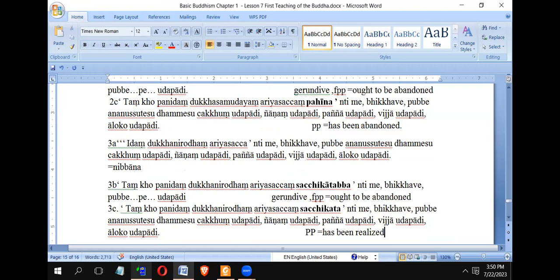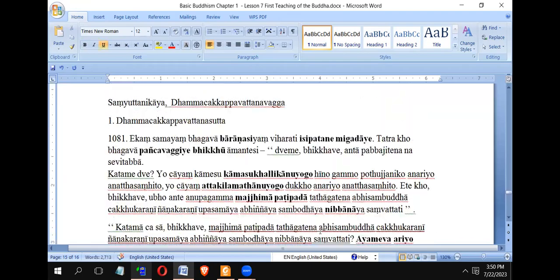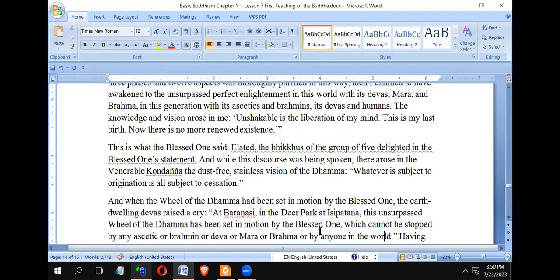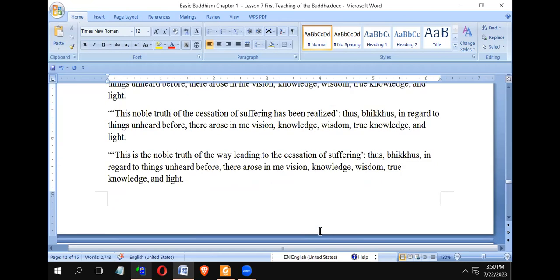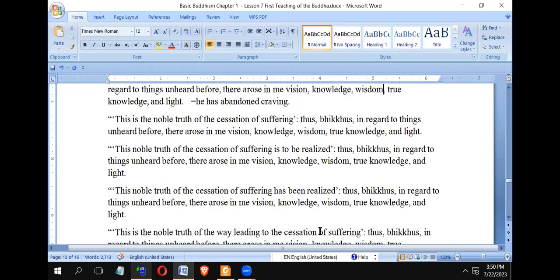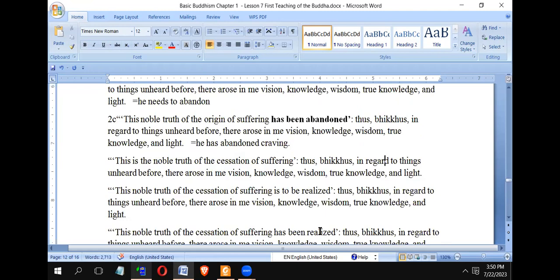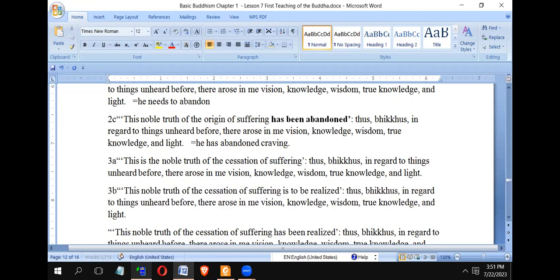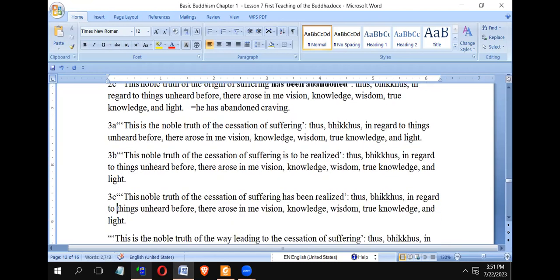So here, if you notice, everything is repeated 3 times. Now the third: 3A, cessation of suffering. 3B, cessation of suffering is to be realized, sacchikatabba, and then 3C, sacchikata, has been realized.